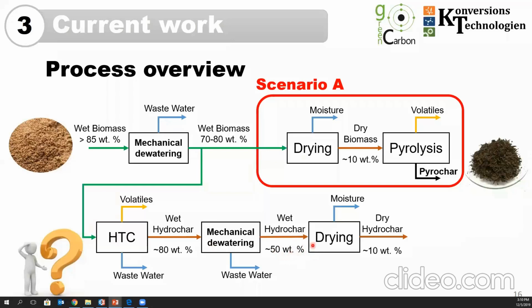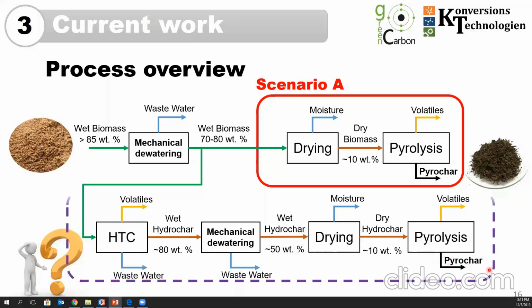And then we have to dry this char again. However, we can see that the moisture content is decreased significantly here. And we can do pyrolysis again to produce the pyrochar and remove the toxic compounds from the hydrochar. And this is scenario B in this presentation.